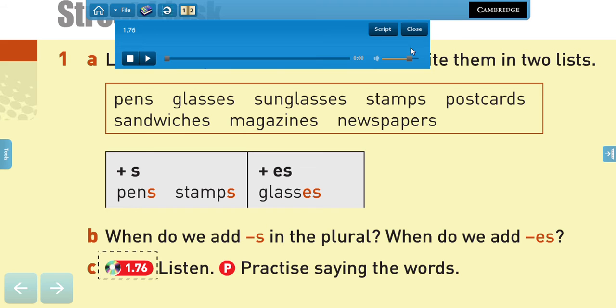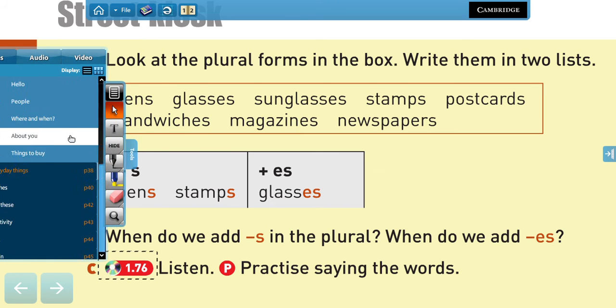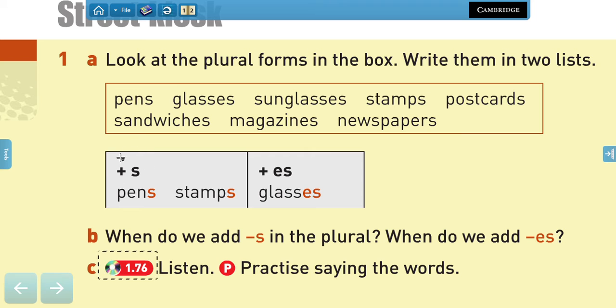Very good. Now, what do you think is the rule? When do we add s in the plural and when do we add es? What's the difference in both cases? What do you think? So let's see. Most of the words, the only thing you need to do is to add an s at the end.